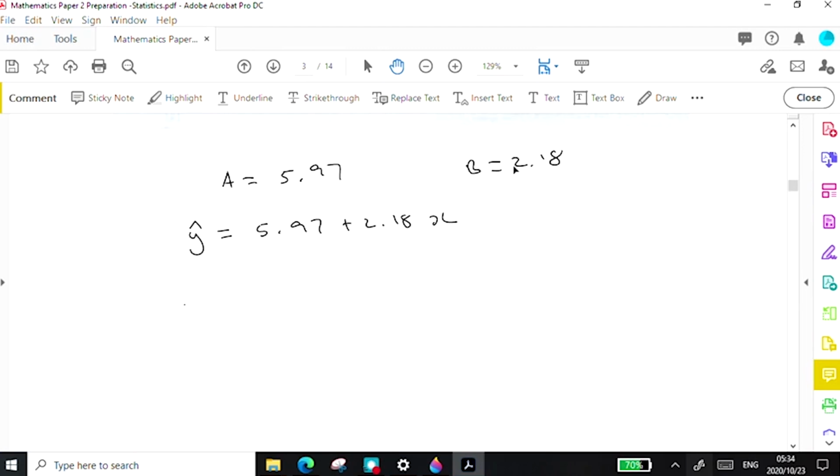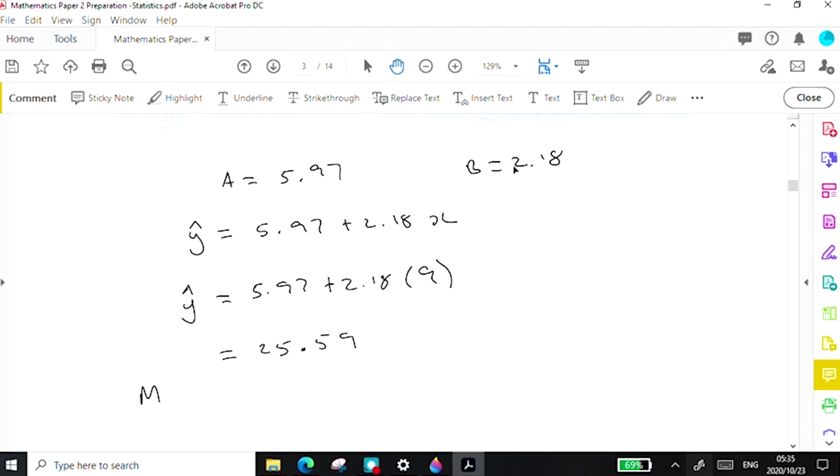So we have y estimate is equal to 5.97 plus 2.18 times 9. And this gives us 25.59. So y estimate is 25.59, but we want to estimate the monthly income.